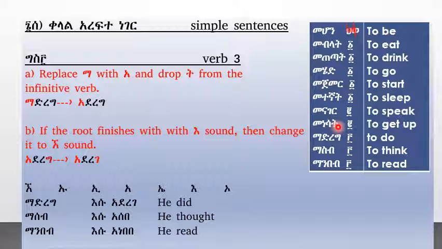No, sorry, መነሳት is ተነሳ. ማድረግ, this is ማ, change ማ to አ. አደረገ. ማሰብ አሰበ. ማንበብ አነበበ. Okay? So if you have any doubt, always go back to the rules.